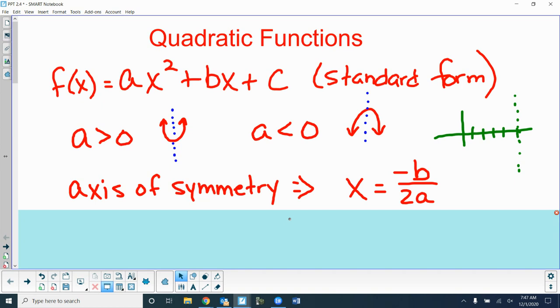But this axis of symmetry is that vertical line right down the middle. The way you find it is substitute the b value at the top and go 2 times the a value. Sometimes it's a fraction, sometimes it's a whole number. That's what we use for the axis of symmetry.